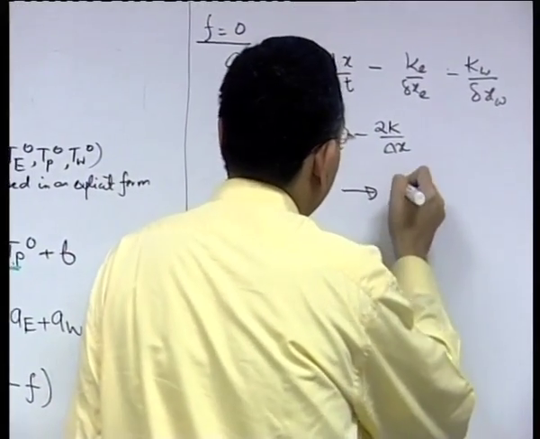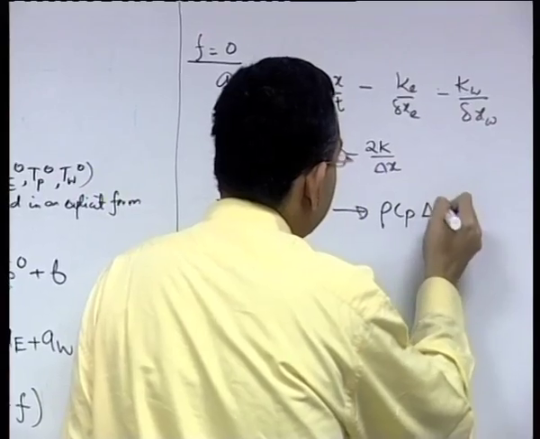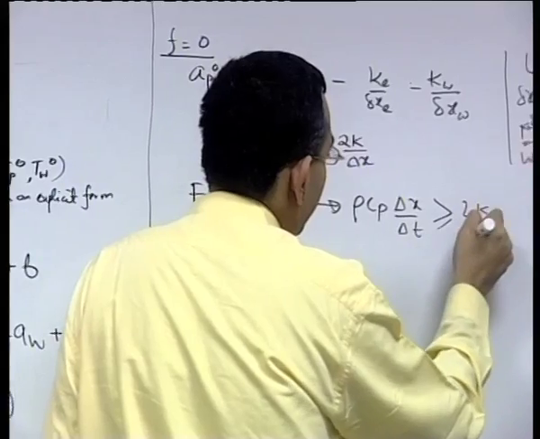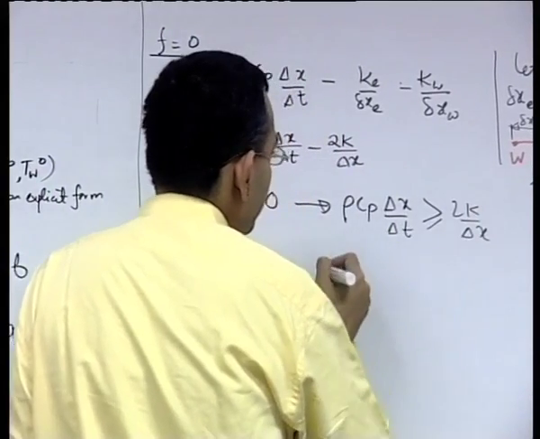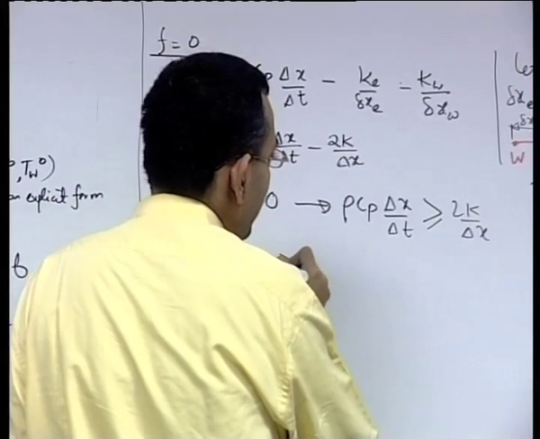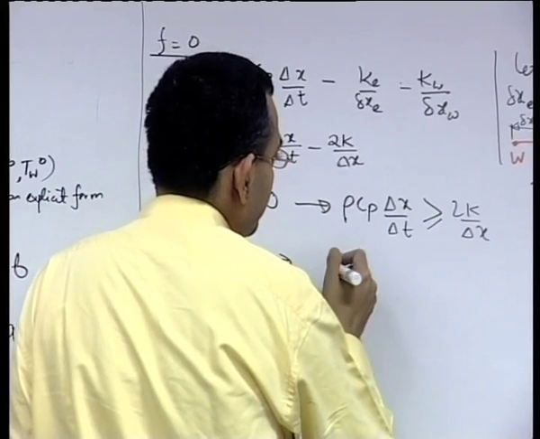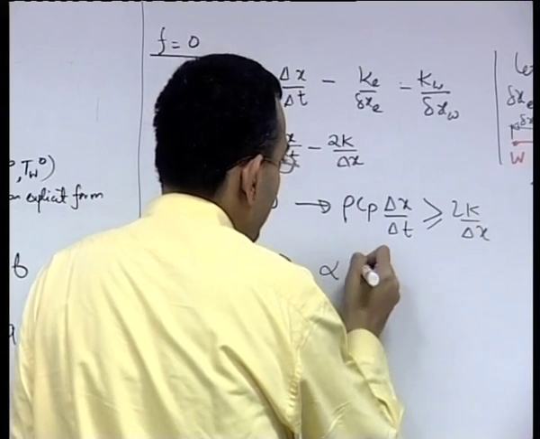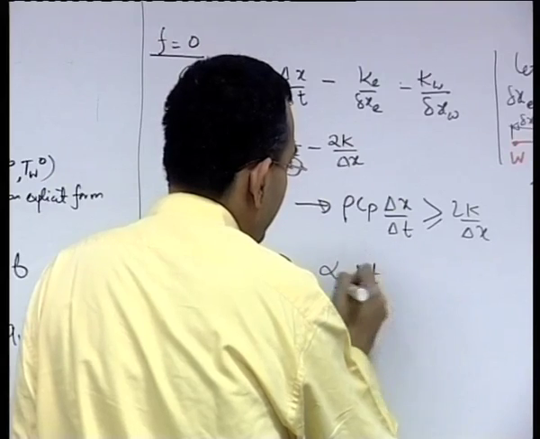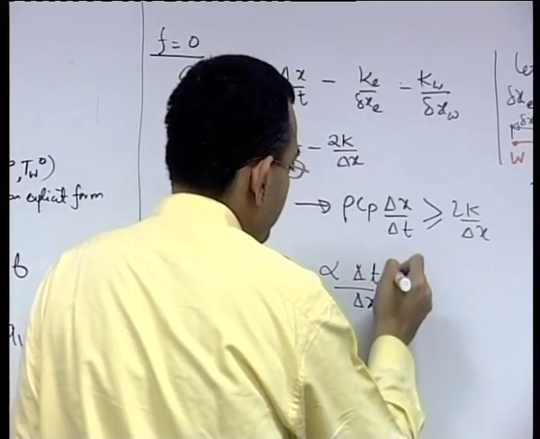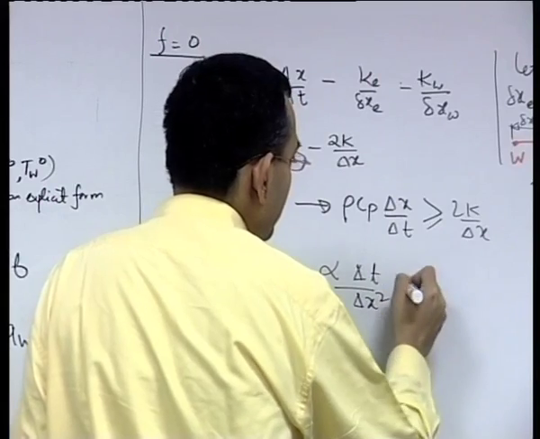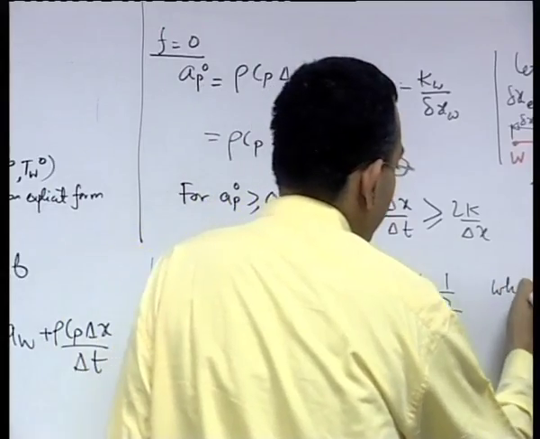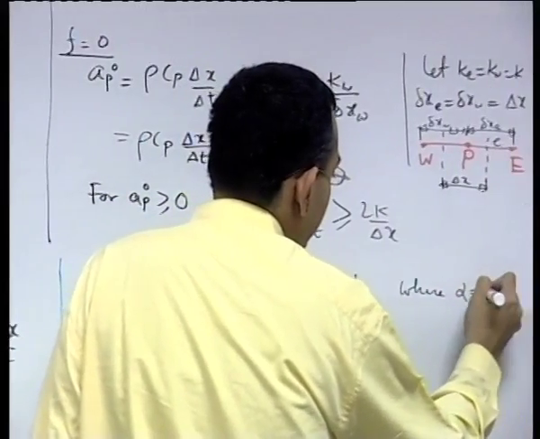You must have rho Cp delta x by delta t greater than or equal to 2k by delta x, which implies alpha delta t by delta x square less than or equal to half, where alpha is the thermal diffusivity, which is k by rho Cp.